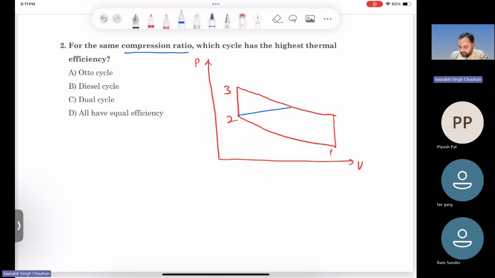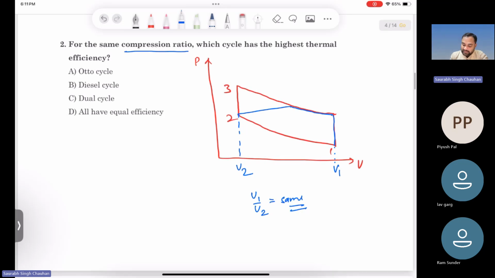From 2 to like this you will get, right? Because you have to keep the compression ratio same. Okay, so if this is V1 and this is V2, then V1 by V2 should be same. So then you have to compare. So here you can clearly see that in case of Otto cycle, this region, okay, is where the heat addition is taking place.